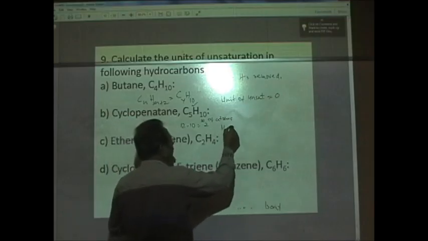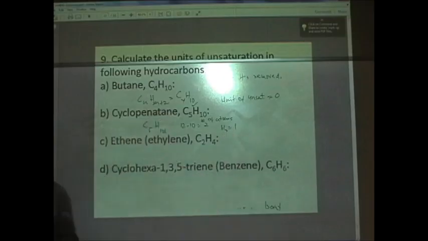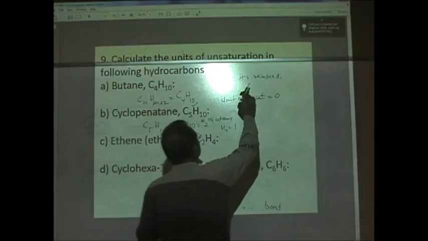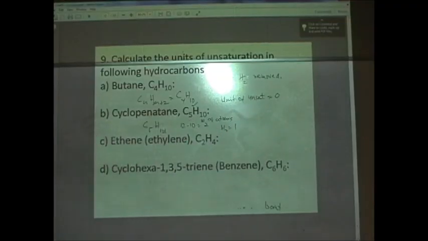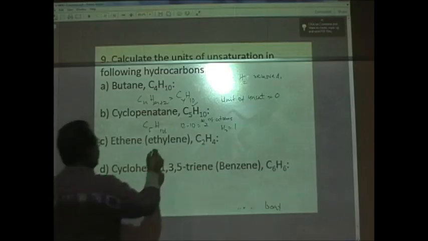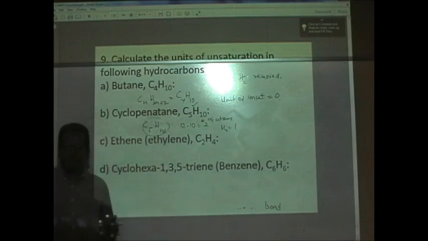Hydrogen molecules is 1, right? Right. So I was loose there too, yeah. I thought for cyclopentane that it was 10 hydrogens. Yeah, that's what it should have been, 12. Oh, it should have been.